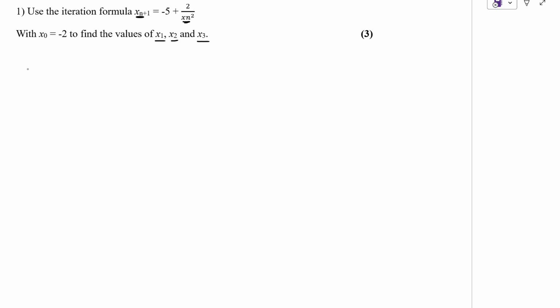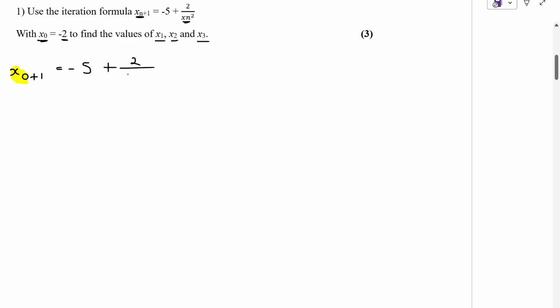So if we're trying to get x1, we get that with this formula by doing x0 plus 1. So we're going to write out the formula as is. And the only thing that's going to change is xn is now going to be x0.